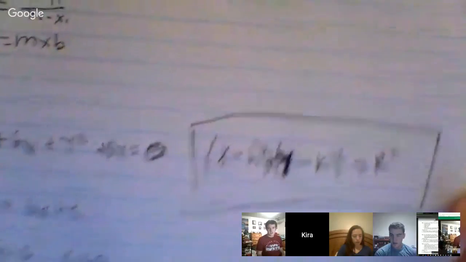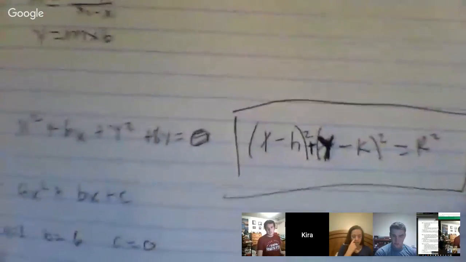My bad, I forgot to put the plus in there. Okay, yeah, sorry. And it equals r squared. Okay, I'm good now. So the radius for that problem is 5. Yes.